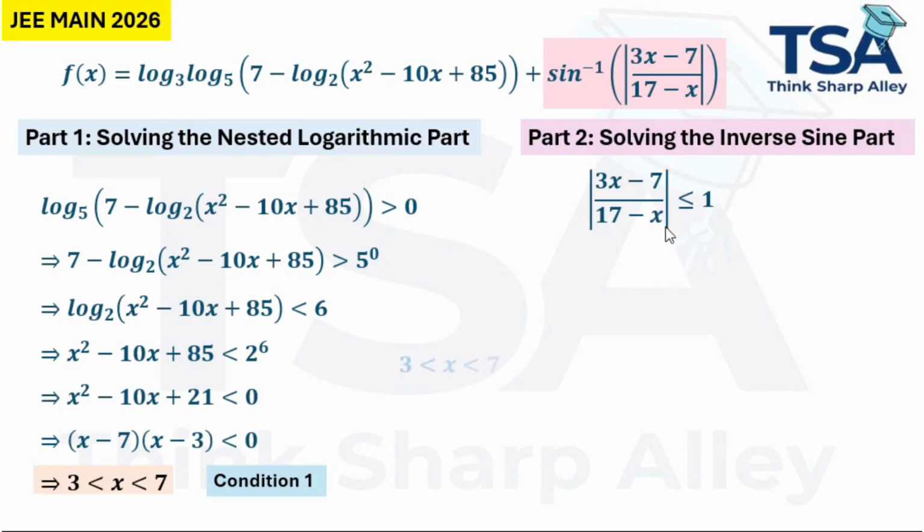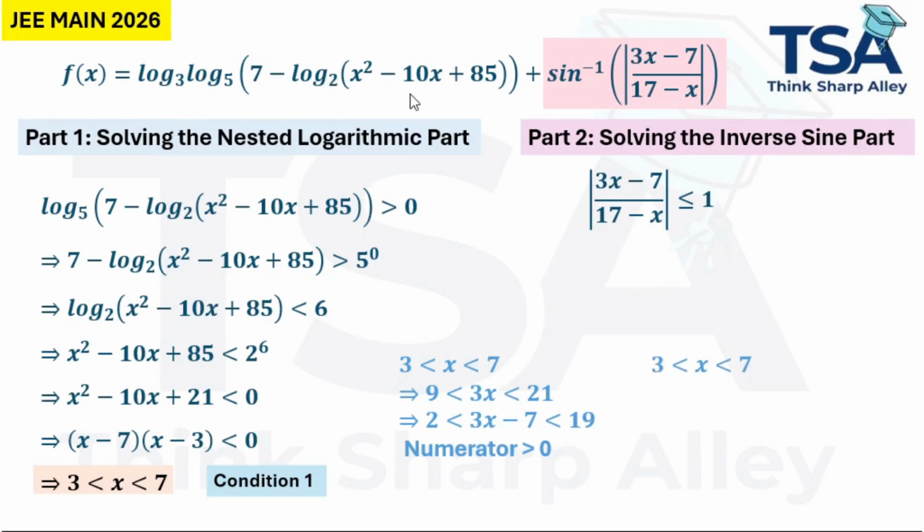So let's consider the numerator first. Since x lies between 3 and 7, and multiplying by 3 throughout, we get 9 less than 3x less than 21. Then subtracting 7, we get 3x minus 7 lying between 2 and 14, which means clearly numerator is greater than 0. Now let's have a look at the denominator.